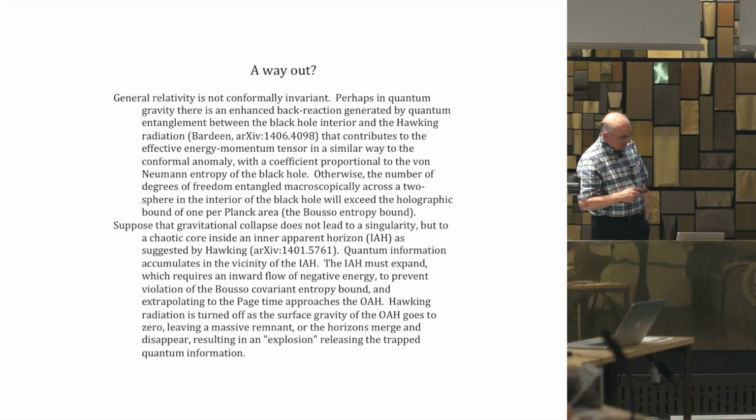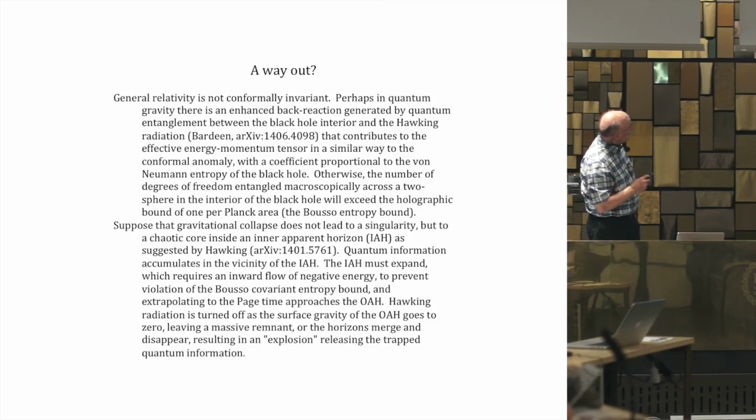Now, if we believe in the Rousso covariant entropy bound, which says that the entanglement entropy across a two-dimensional surface cannot exceed 1 per Planck area, then as we reach the Page time, it requires an area for some inner apparent horizon to be equal to the area of the outer horizon.